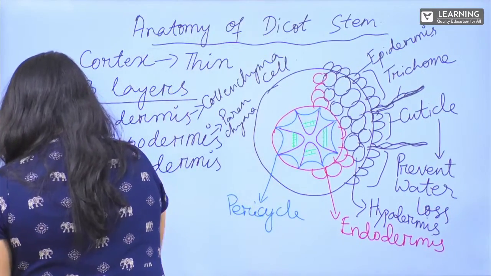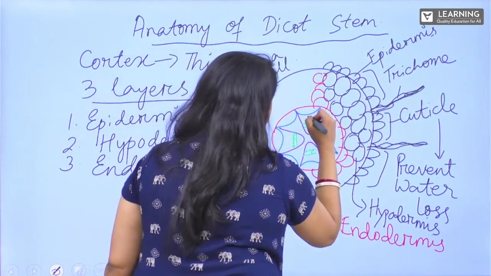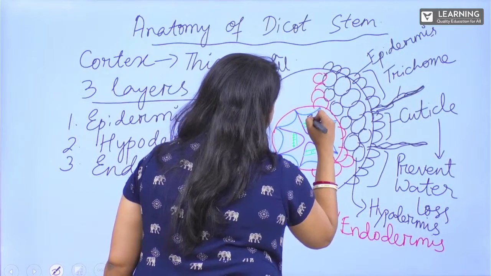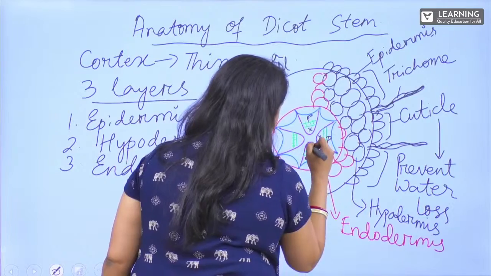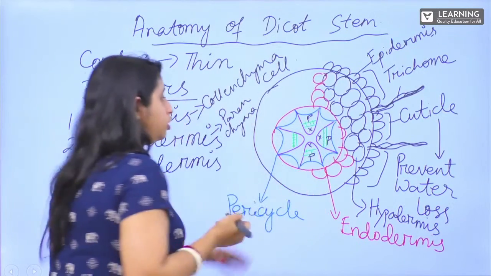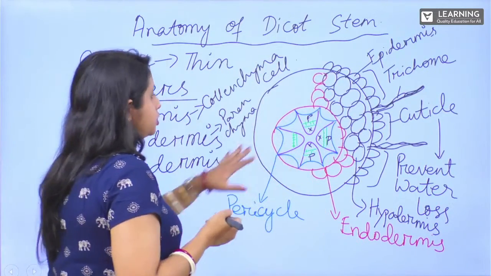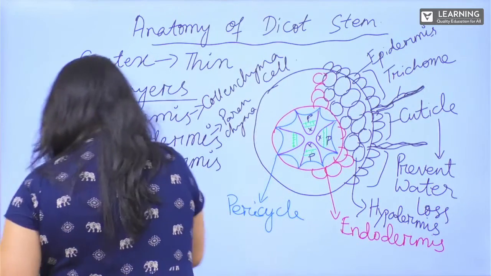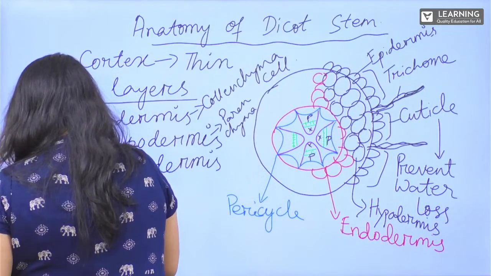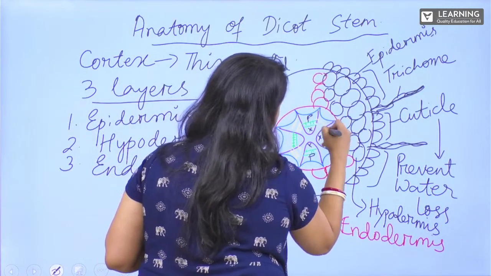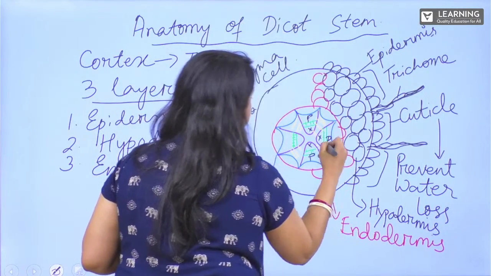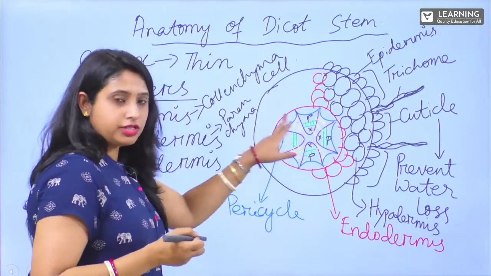This is your phloem and xylem is present inside. This is xylem, this is phloem. Phloem is present outside. Here some rays will be present. These rays are called your medullary rays. So here you will find some rays also in case of your dicot stem.